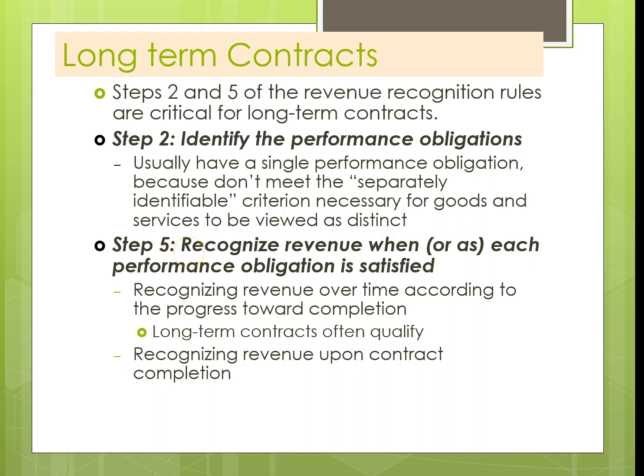Long-term contracts does not apply to them. Step 5, recognize revenue when or as each performance obligation is satisfied. In this case, we recognize revenue over time if long-term contracts qualify, and if it doesn't, we'd have to use completed contract.